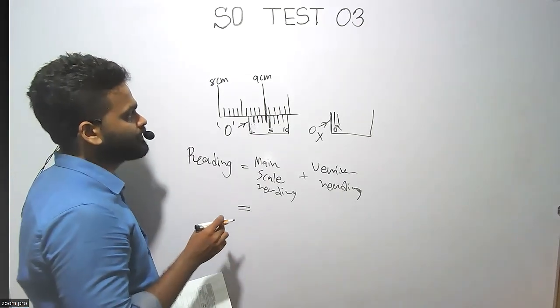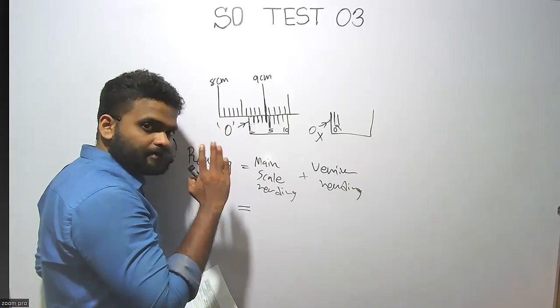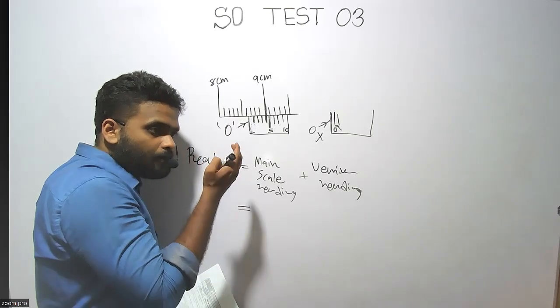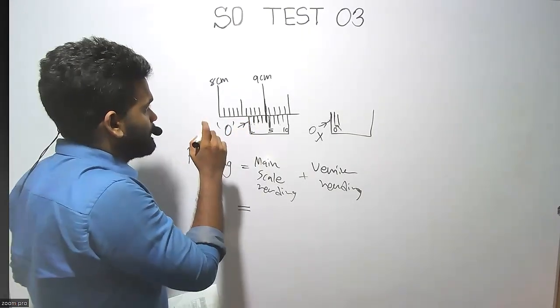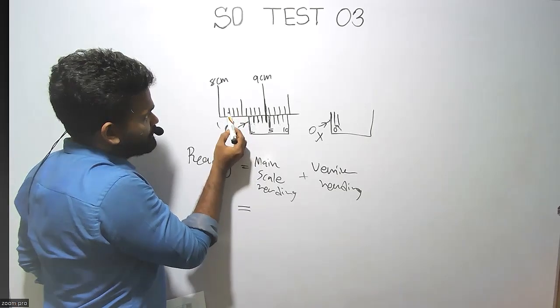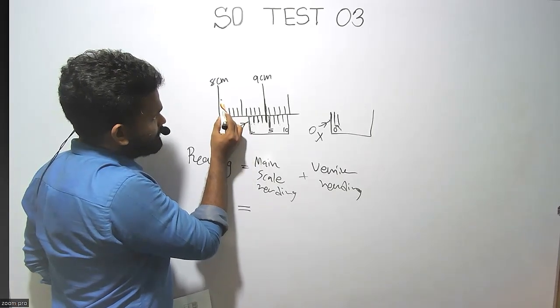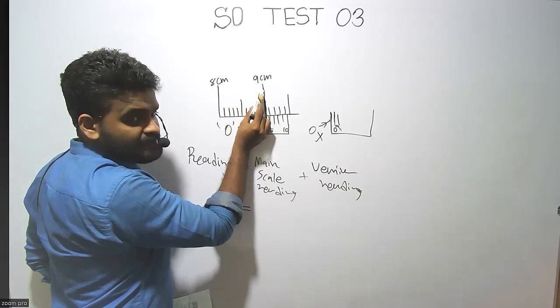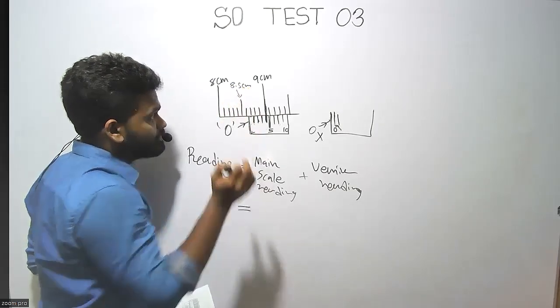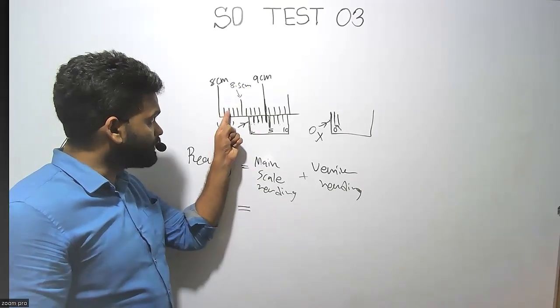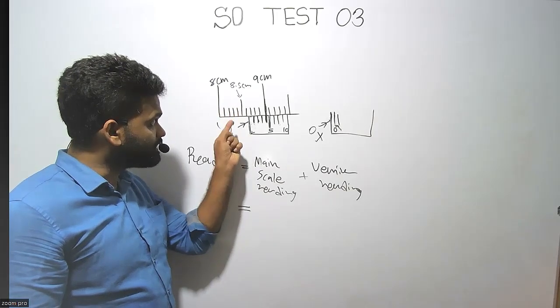From the main scale, you can measure up to this zero mark. This is 8 centimeters, 9 centimeters, so right in between it is 8.5 centimeters. This has 5 parts, 8.5 centimeters.